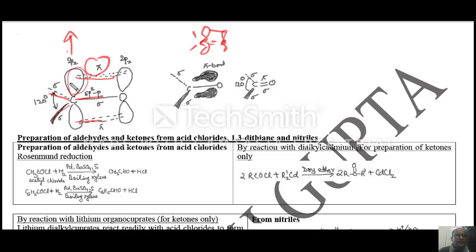And this is a p orbital, and the same thing for oxygen, right? Oxygen has two lone pairs of electrons, so it is in a way 1, 2, and then you have say like this H, H, right? So oxygen has 1, 2, 3, 4, two lone pairs and 2 sigma bonds, so it has sp3 hybridization.